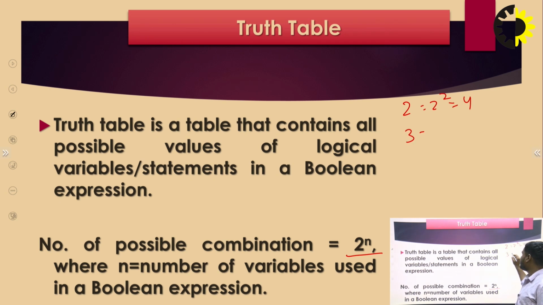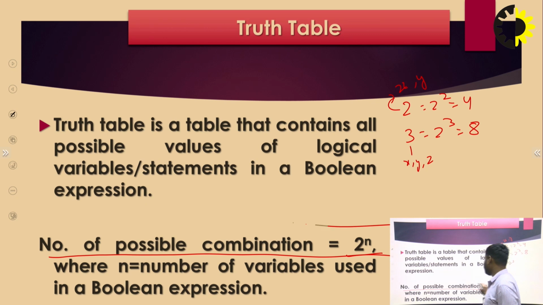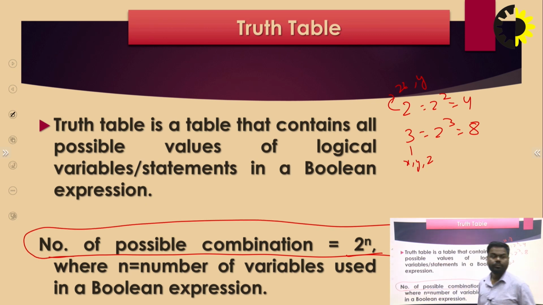If we have three values, 2 to the power 3 is 8, meaning three variables x, y, z. 2 to the power 2 means x and y. This is the important formula: the number of possible combinations is 2 to the power n. Due to this, we create the truth table.